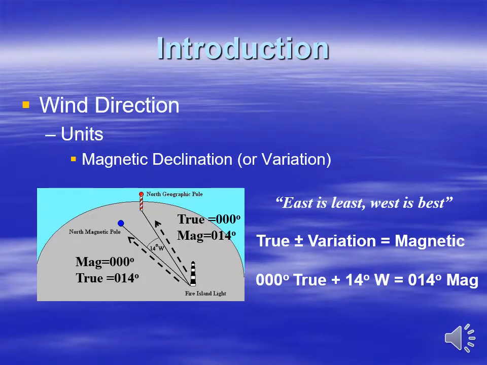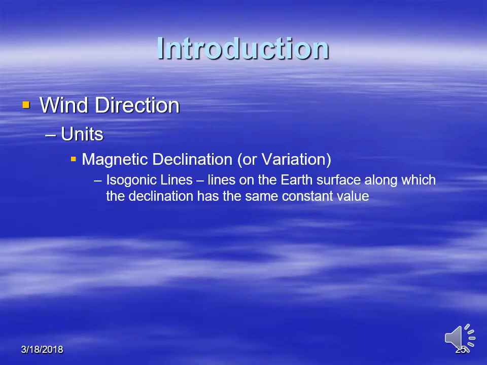To go from magnetic to true, you have to either add or subtract the variation, in other words, the declination, depending upon where you are on Earth.